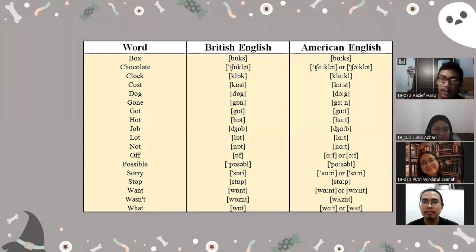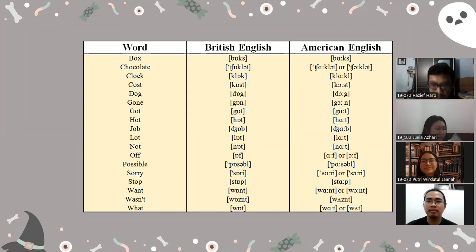In British it's faster for the word, while American is slower in how it is pronounced. Even within British itself there are differences in more local dialects. For example, in Britain there is Irish, Scottish, and English. So there are more different dialects within the region itself. I return to the moderator.